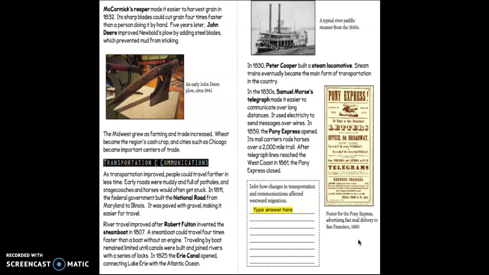It used electricity to send messages over wires. In 1859, the Pony Express opened. Its mail carriers rode horses over a 2,000-mile trail. After telegraph lines reached the West Coast in 1861, the Pony Express closed.